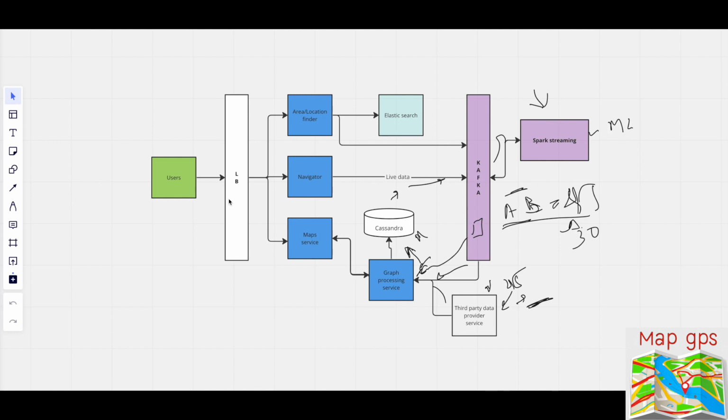Ultimately there will be WebSocket servers, and users are connected to servers through a live connection, and that is how they are continuously getting data from server to client.